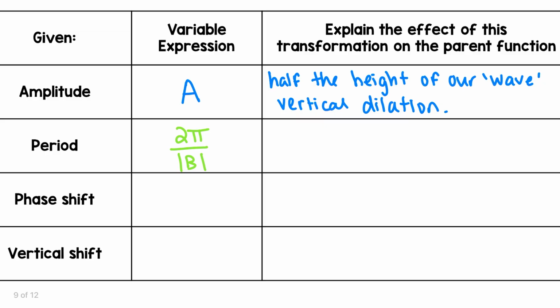So it's not b. So this is the only one. Notice of our a, b, c, d values, the one that we're having to change to find our information is going to be for our period. So this is just the length of one full cycle of the wave.